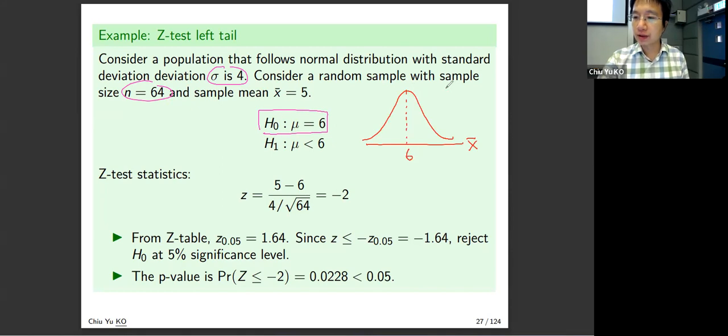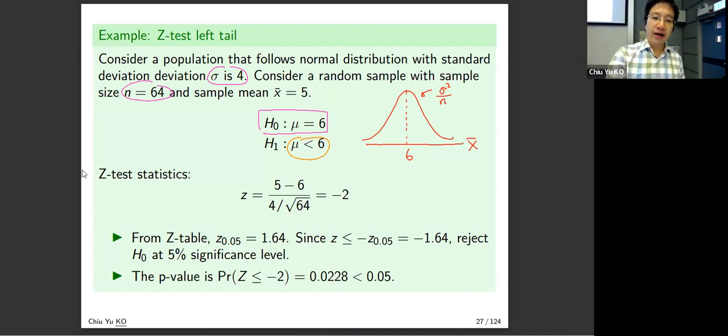We know sigma squared over n is the variance, and that tells how big or small the spread is. Now we are saying we are not very happy if it's very small. This is our alternative hypothesis, which you should infer from the application.